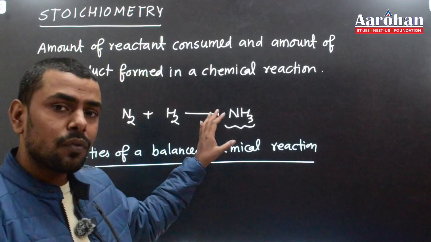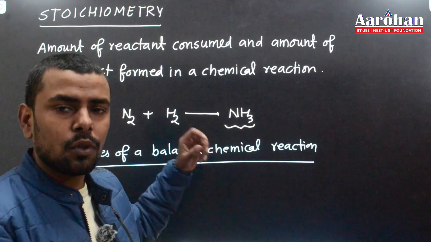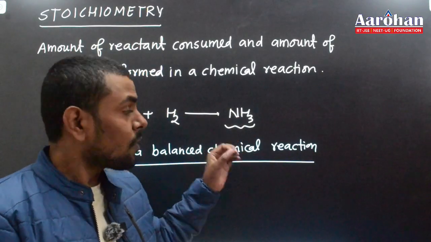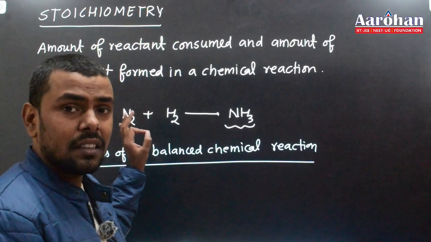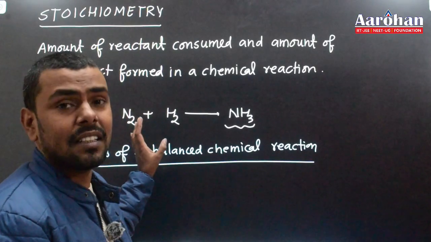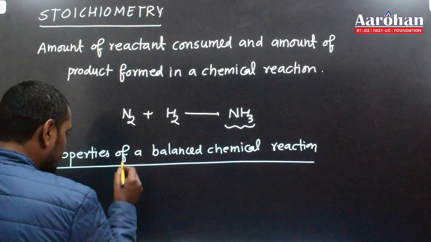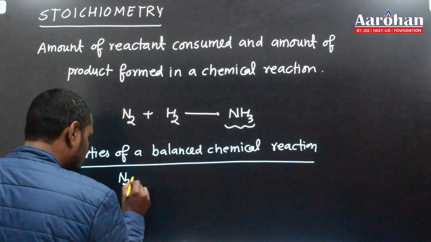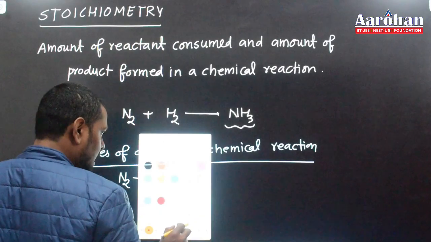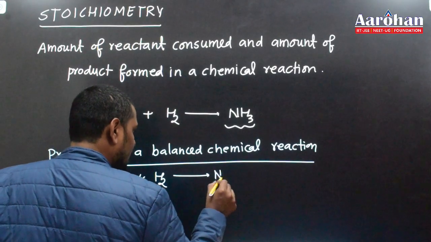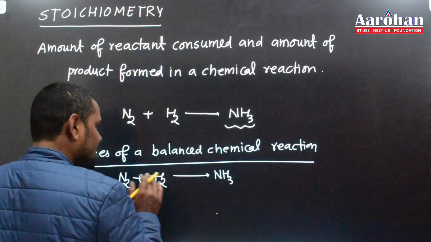Before finding the number of moles of product formed or number of moles of reactant reacted, we first have to balance the chemical reaction. Suppose this is the chemical reaction, N2 plus H2 reacted to form NH3. Before that, we have to balance this reaction.